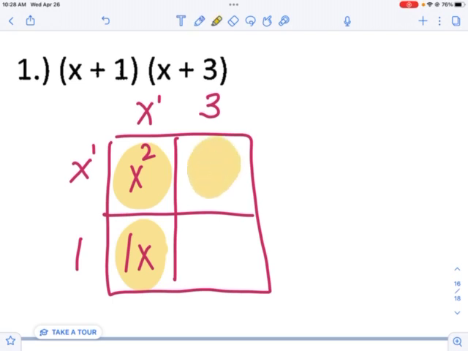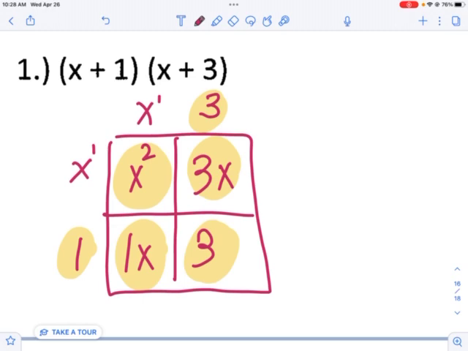To fill in this box, I'm going to be multiplying x times 3, which is 3x. And then to fill in my last box, I'm going to be multiplying 1 times 3, which is 3.